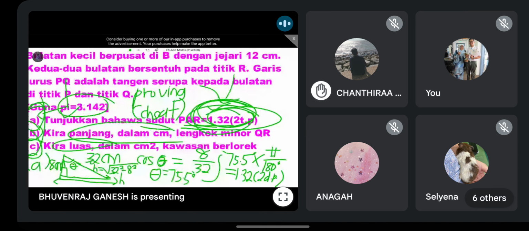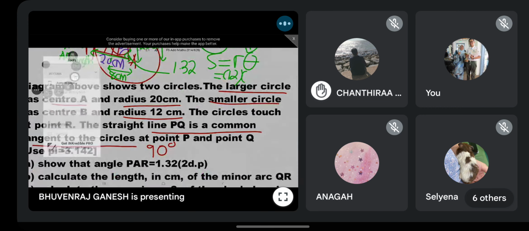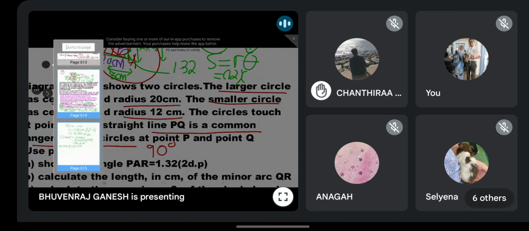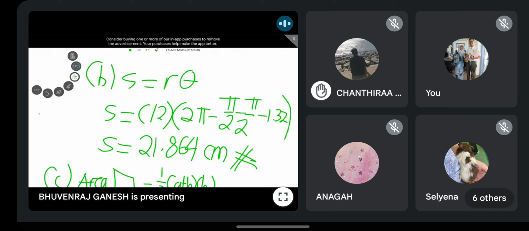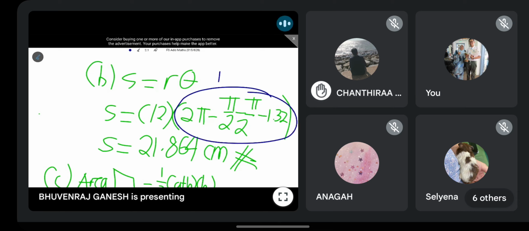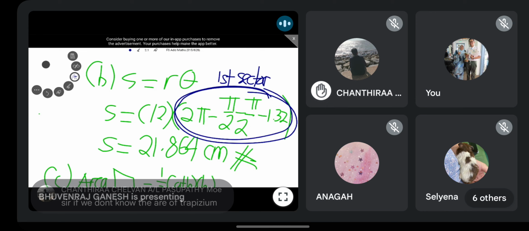Okay, where is it? Sorry, the other side. Nilai dia yang ni. This value. This one. Ini adalah theta untuk first sector. Yang kecil punya. Okay, so you just tulis seluruh nilai ni saja untuk bagi dia tepat.